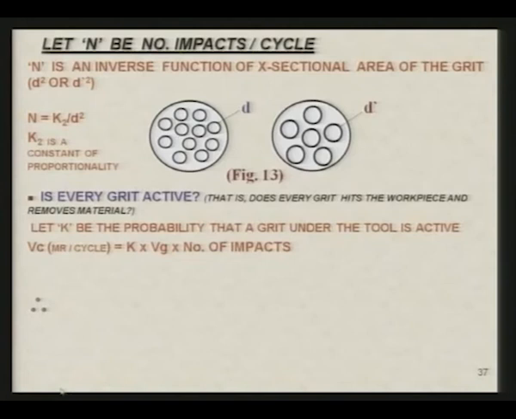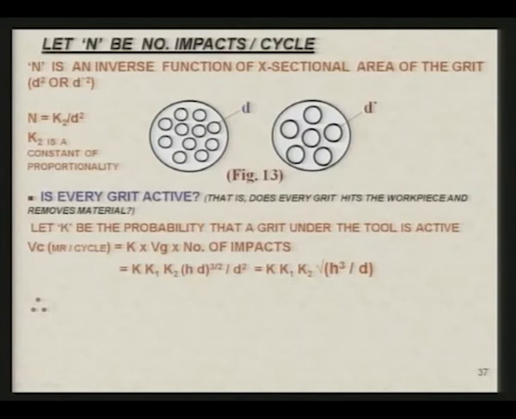Then the volume Vc, the material removed per cycle, can be given by K multiplied by Vg into number of impacts, which becomes equal to K multiplied by K1 into K2 H d raised to power 3 by 2 divided by d square, that comes out to be equal to K into K1 into K2 under the root H cube by d.